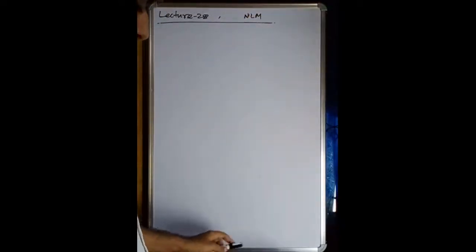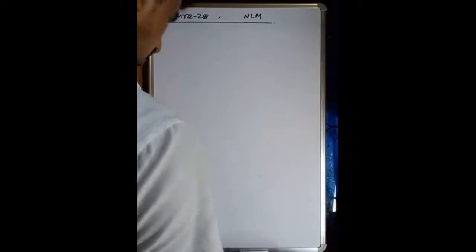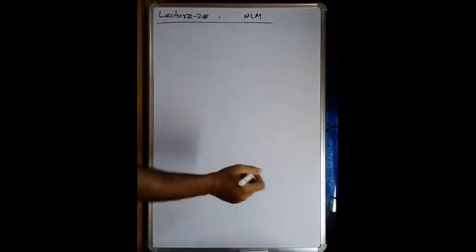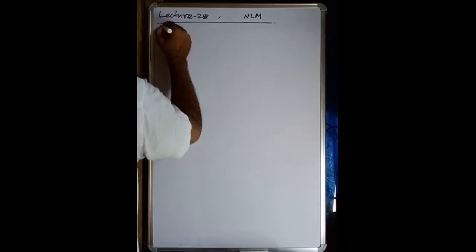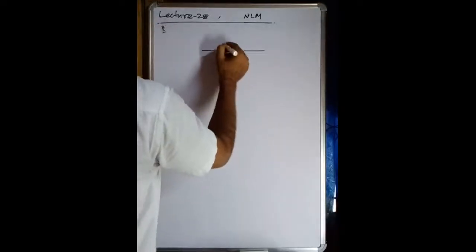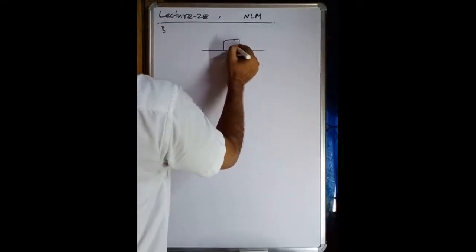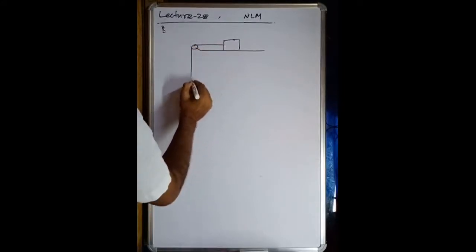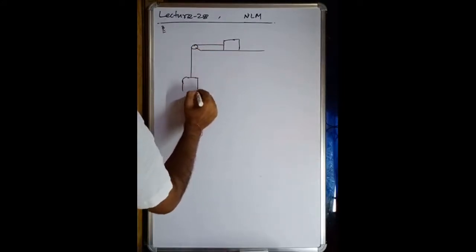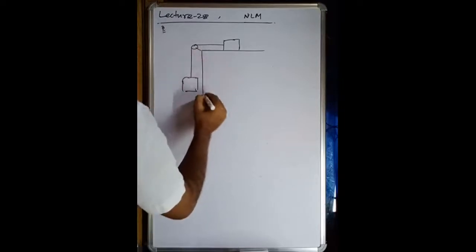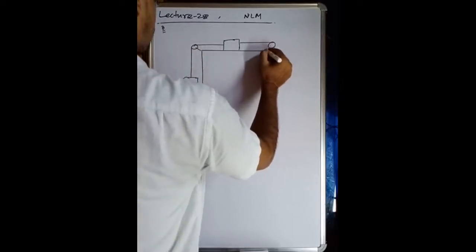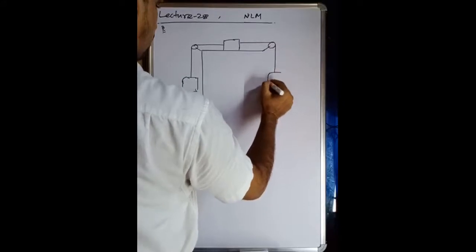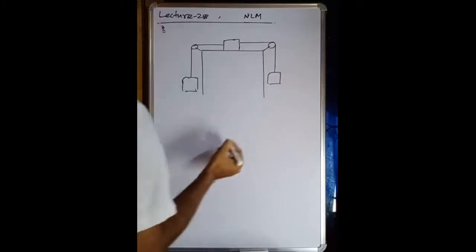So the next question is, if you can solve, you must pause the video after noting down the question and try to solve by yourself using both methods, the shortcut as well as the complete method.